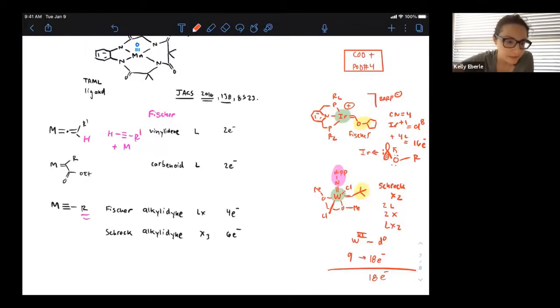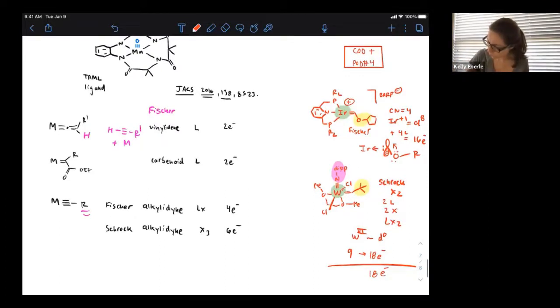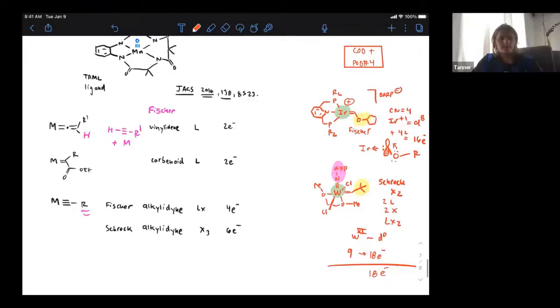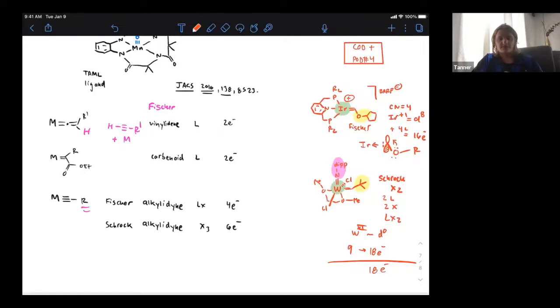Is that a fair explanation, Tanner? Yeah, for these types of things, you don't necessarily need to worry so much about trying to classify the geometry under canonical octahedral terms.